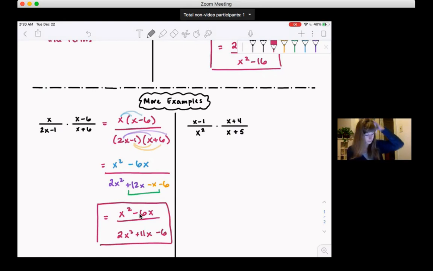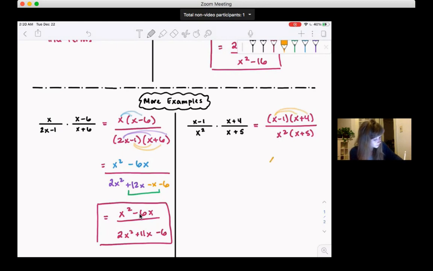Okay, one more example. x minus 1 over x squared times x plus 4 over x plus 5. So multiplying across, we multiply the numerators, x minus 1 times x plus 4, and multiply the denominators, so x squared times x plus 5. Okay, so in the numerator, we're going to distribute the x.